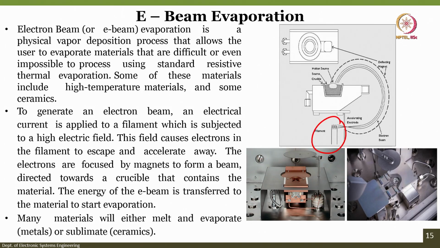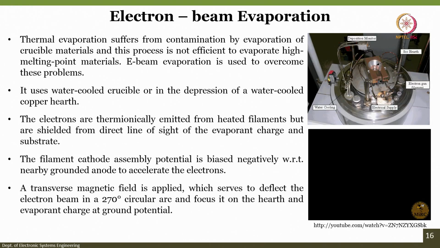This causes the electrons in the filament to escape and accelerate with the help of accelerating electrodes. The electrons are focused by magnets to form a beam directed towards the crucible that contains the material. The energy of the e-beam is transferred to the material to start evaporation, and many materials will either melt or directly sublimate.